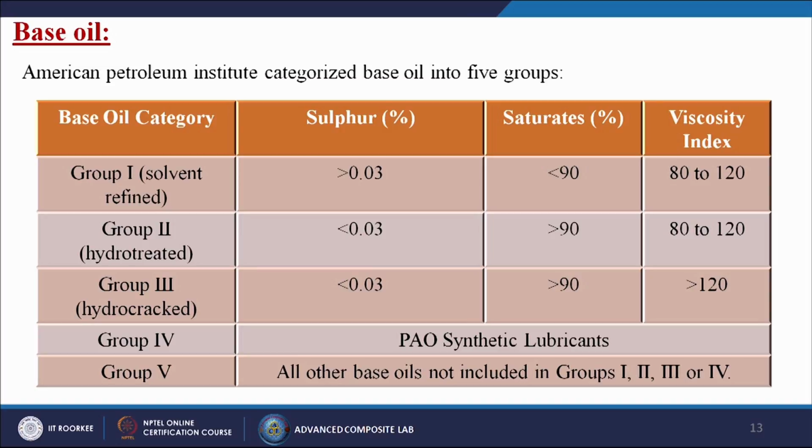Then group 2 is called hydrotreated, where the sulfur content is less than 0.03%, saturation is more than 90%, and viscosity index is 80 to 120. Group 3 is called hydrocracked, sulfur percentage is less than 0.03%, saturation is more than 90%, and viscosity index is more than 120. Group 4 is PAO synthetic lubricants, and group 5 is all other base oils not included in group 1, 2, 3 or 4.